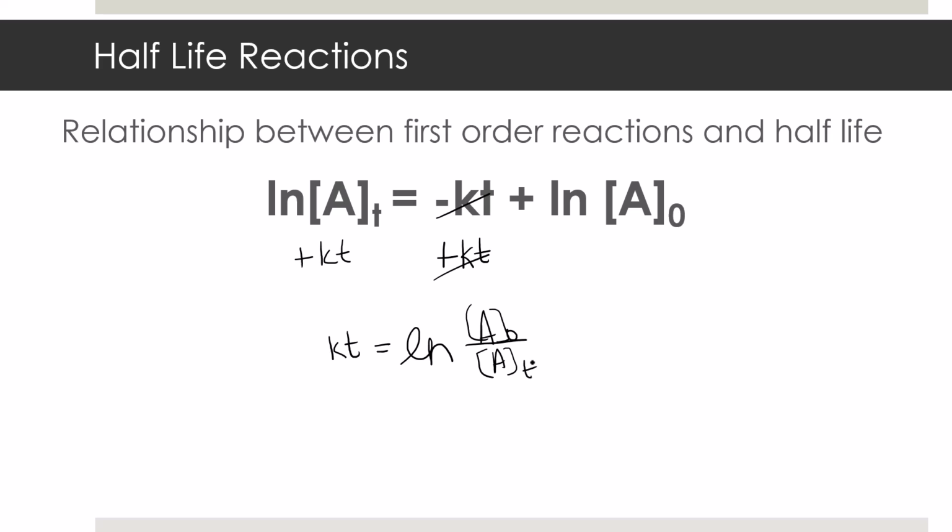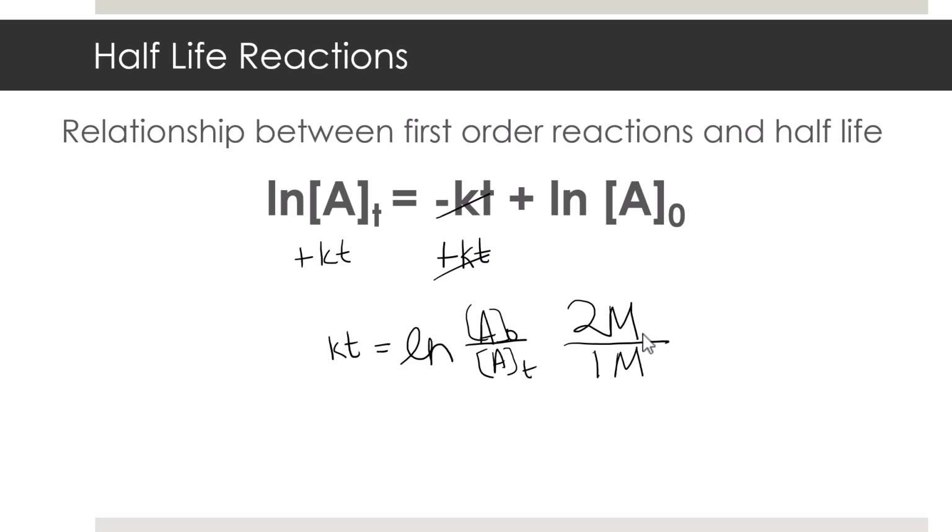Now we're going to look at some numbers here, on the right-hand side. If we're talking about the half-life, I know that when one half-life goes by, my concentration of A is going to be cut in half. So if hypothetically my concentration of A at time 0 was 2 molar, after one half-life goes by, the concentration of A will be 1 molar.